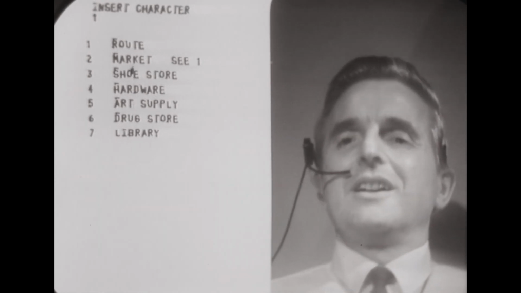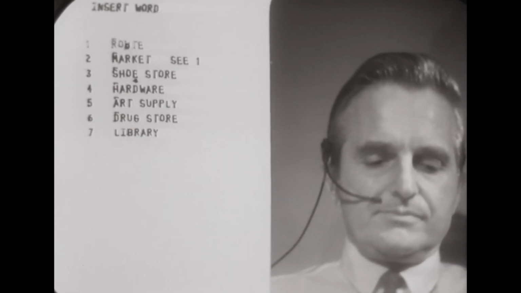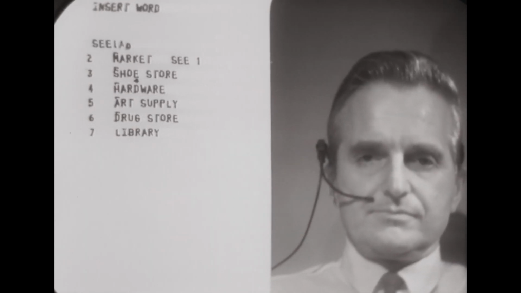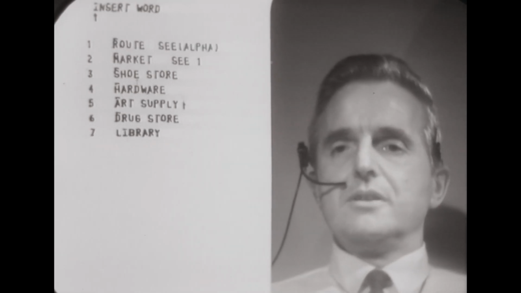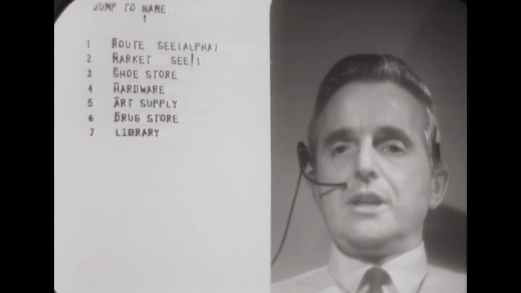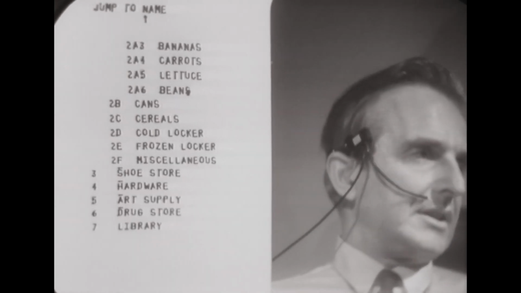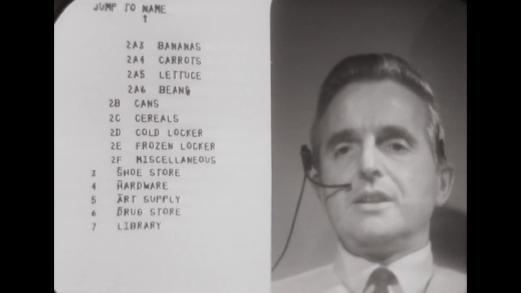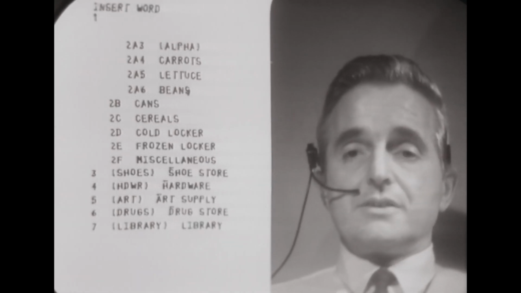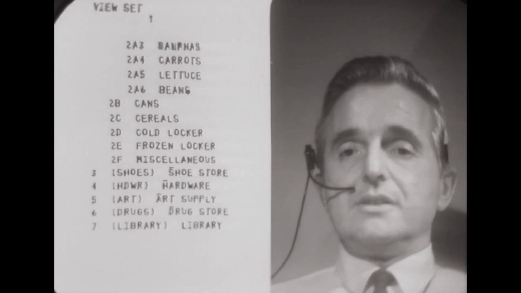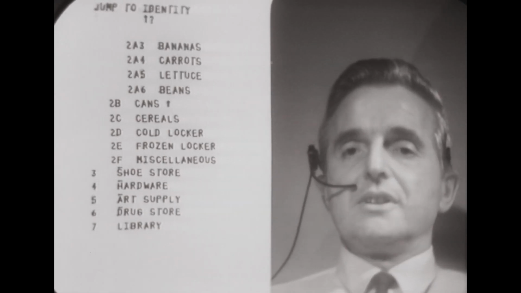All right. So I can give names, and I can say in here a reference like that, where I can say jump to name, point to that, and lo and behold, I'll go to this thing that I'd named alpha. So I can name it, and if I want to, I can ask to see the name, or I can ask not to see the names. Right now we happen not to be seeing the names.